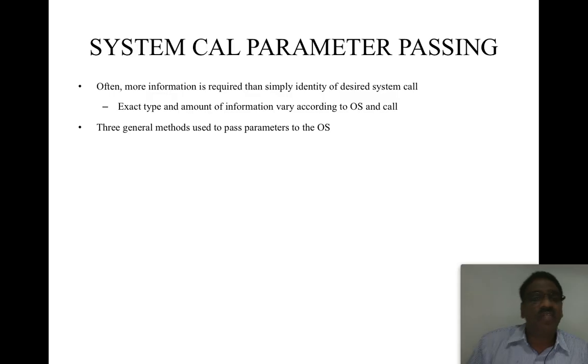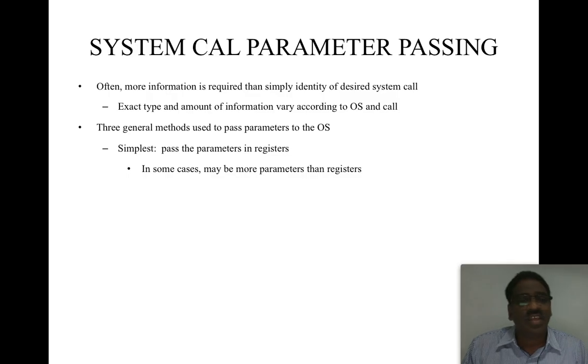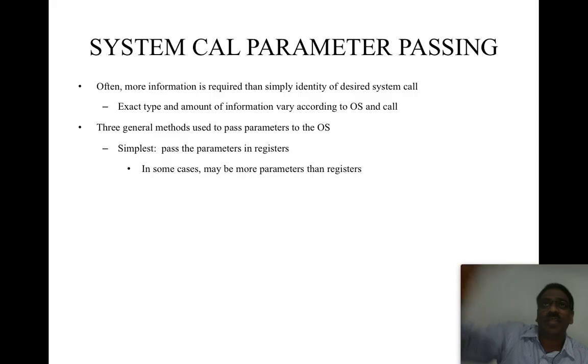Now, in OS there are three general methods. The first one is simple parameter passing, where the data will be stored in the registers. How does it happen? You already completed call by value and call by reference. Here, the variables you declared in the main function are called permanent variables.